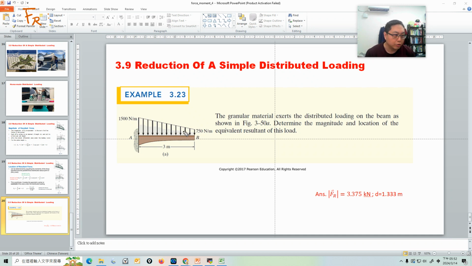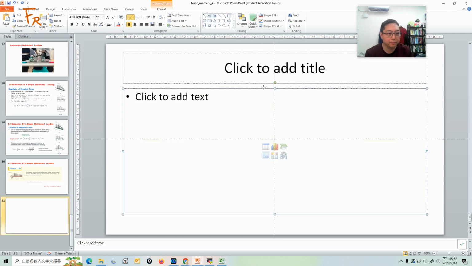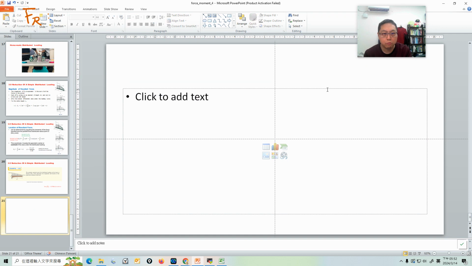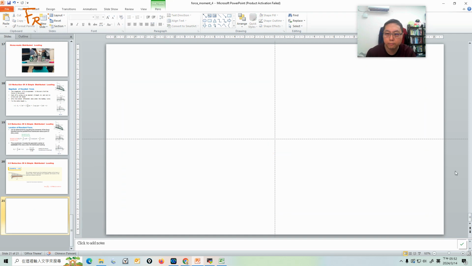I need some white space here, so let me redraw the load. The load looks like this.